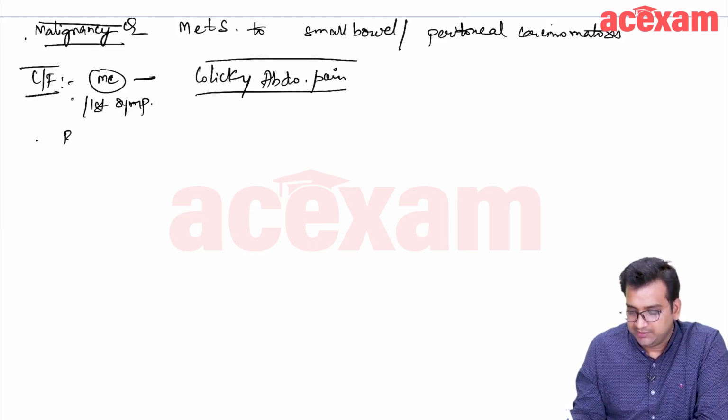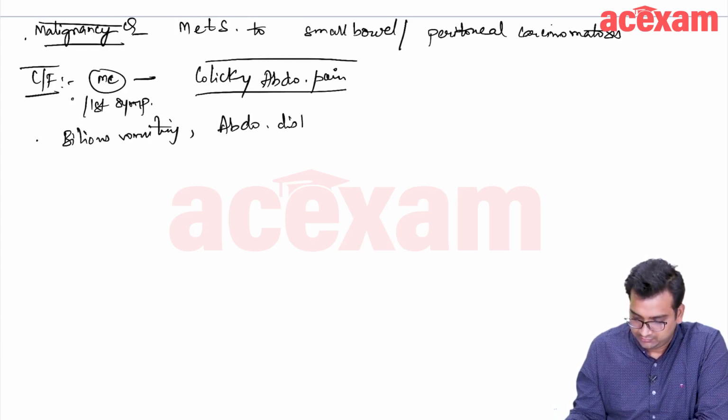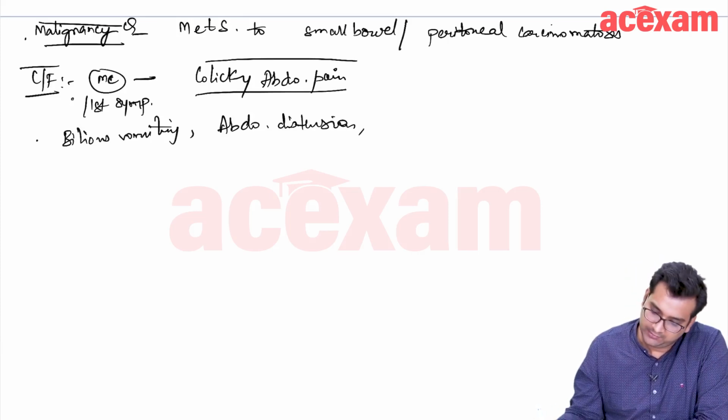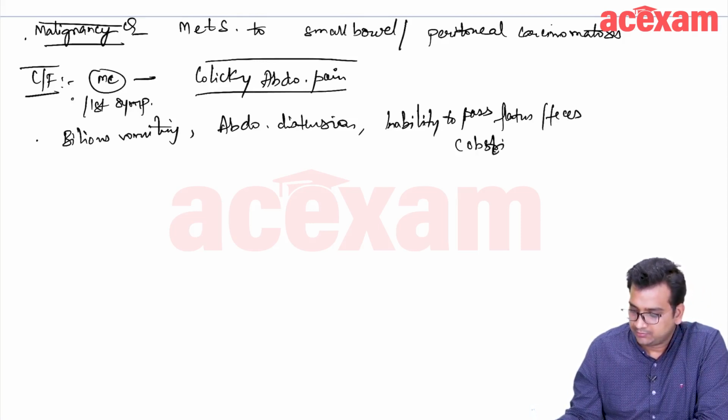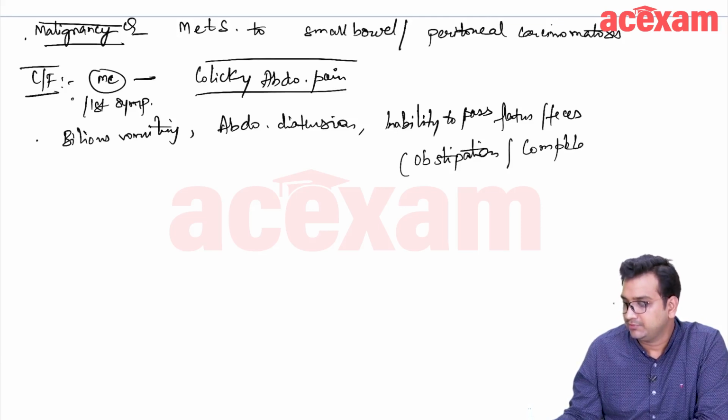Other symptoms can be bilious vomiting, abdominal distension, and inability to pass flatus and feces, also known as obstipation, or complete constipation, or absolute constipation.